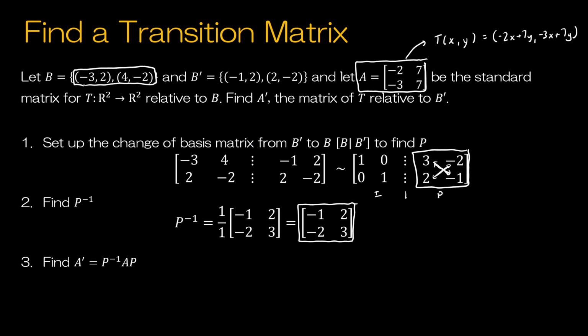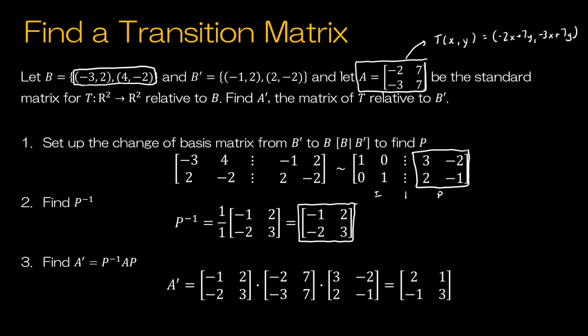From here, it's the same. We had to do one extra step, which is to find the inverse manually instead of in the same step as step 1. So to find A prime, I'm going to take P inverse times A times P, and I get 2, -1, 1, 3.